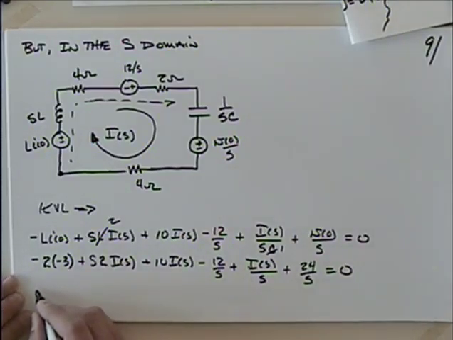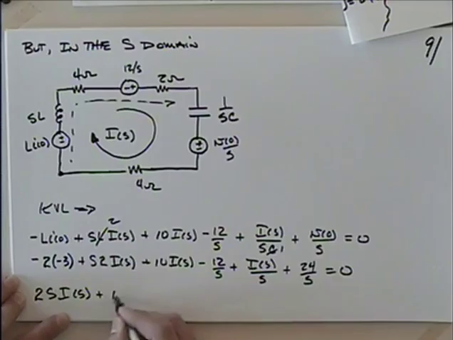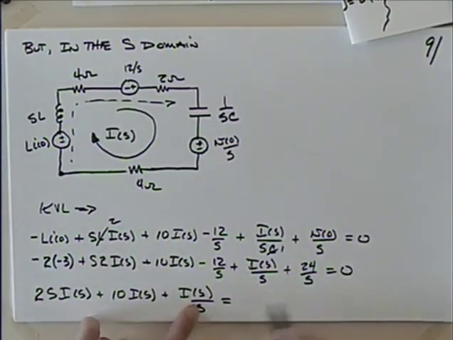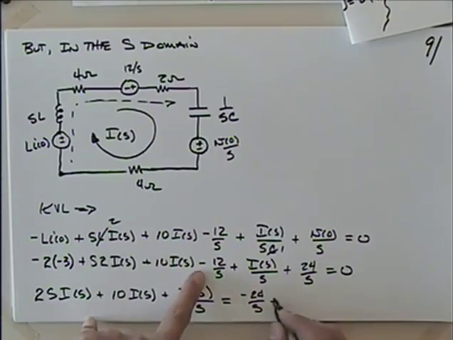I'll have 2S IS plus 10 IS plus IS over S is equal to, I move those over, I have minus 24 over S plus 12 over S.